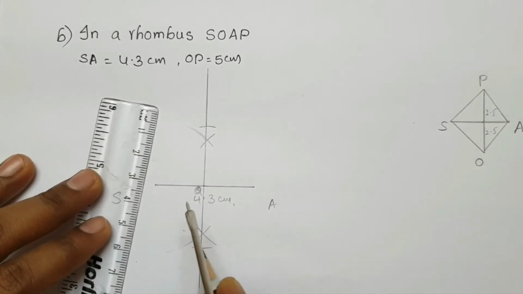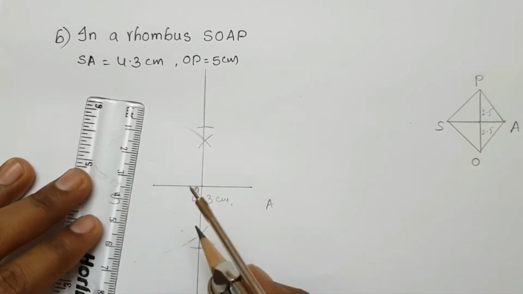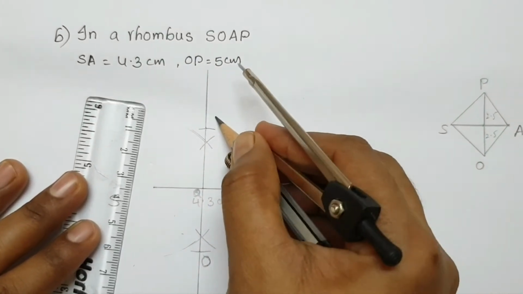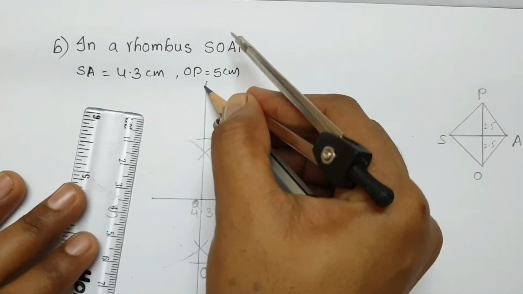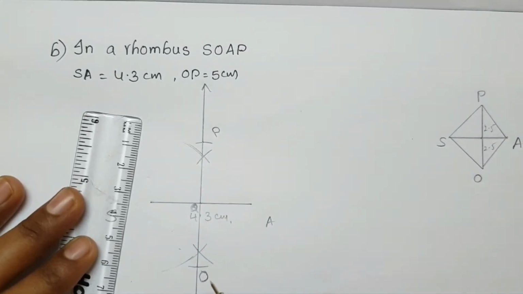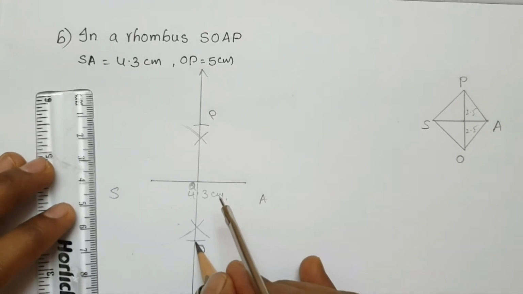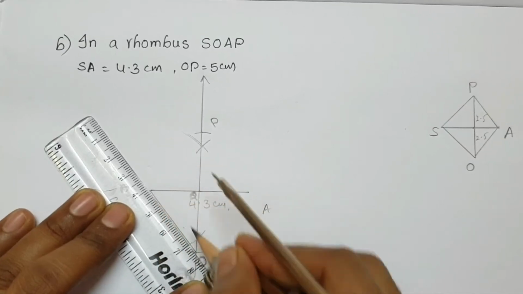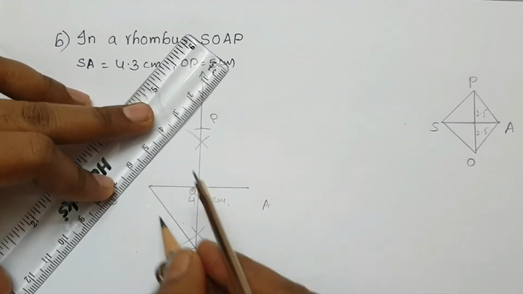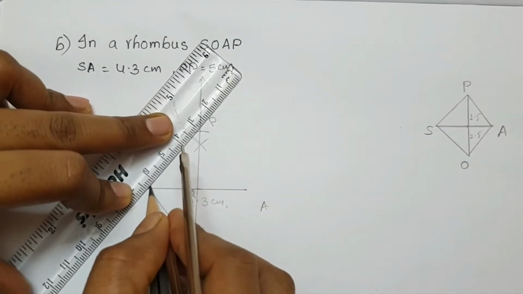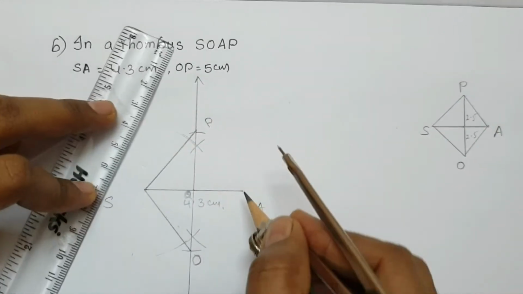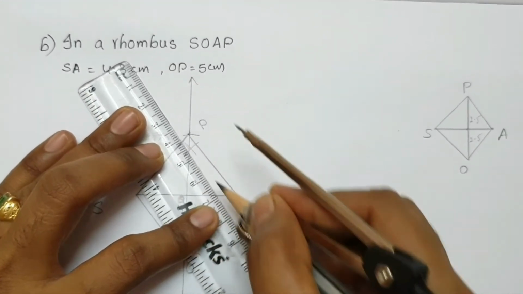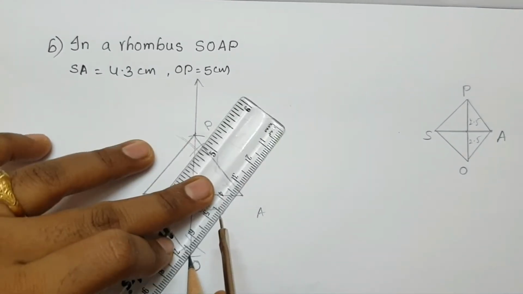Now join this. This is O, this point is P. So this is the perpendicular bisector; keep the right angle symbol. Now join SO, SP, next AP and OA.